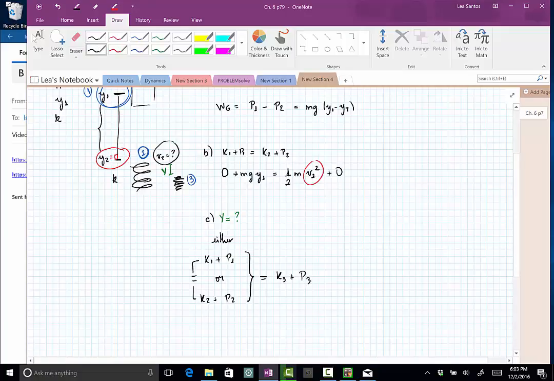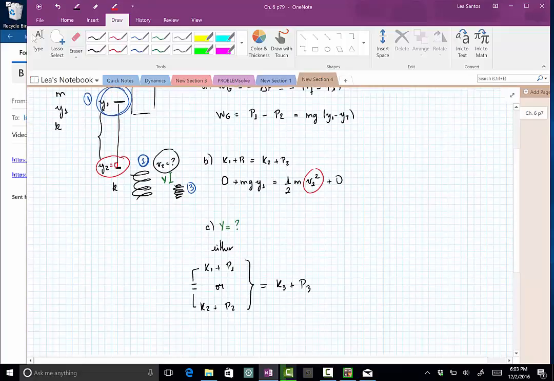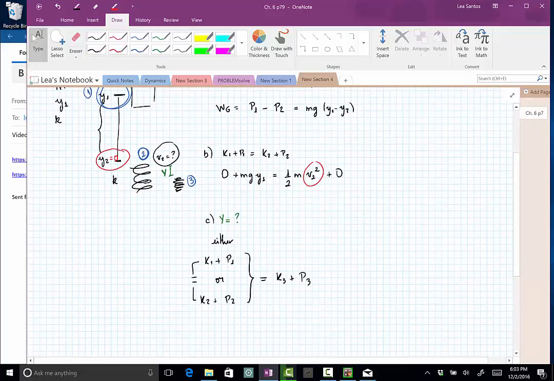So let me pick as my case 1. I'm going to start with scenario 1. Then what I would write is initially I just have mgy1, because my initial kinetic energy is 0 at position 1, and this will be equal to K3 plus P3.